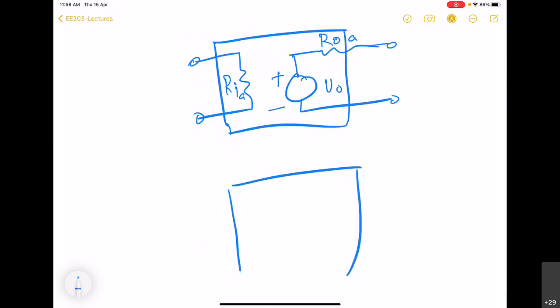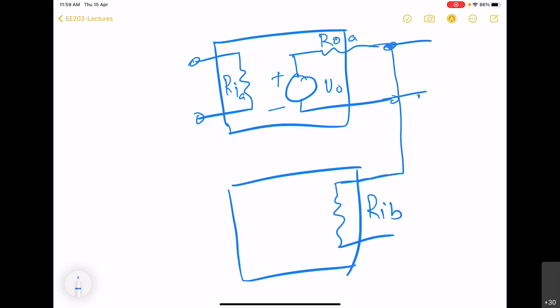Now the feedback network itself is practical. That means it will have certain input impedance. Earlier, this input impedance RIB was taken as infinite because this was supposed to sense the voltage in parallel. So this RIB was taken infinite.